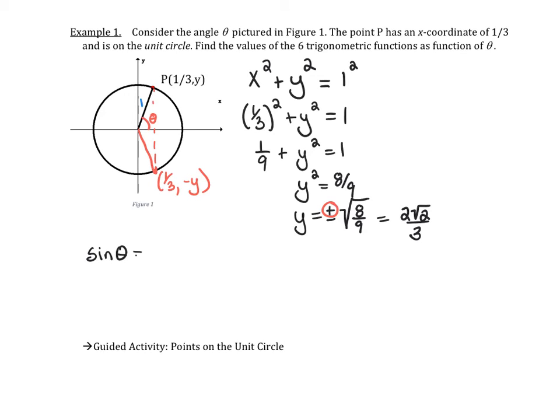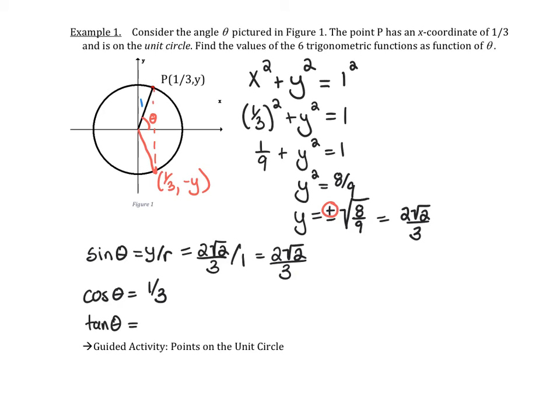Sine of theta is the y value divided by the r value, and in this case that's 2 root 2 over 3 all over 1, but since the radius is 1, dividing by 1 doesn't really do anything, so we'll say 2 root 2 over 3. Now the cosine of theta is the x-coordinate over the r, and we already know the x-coordinate is 1/3, the radius is 1, so I don't need to write that.